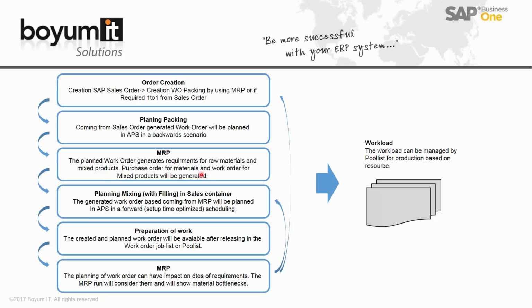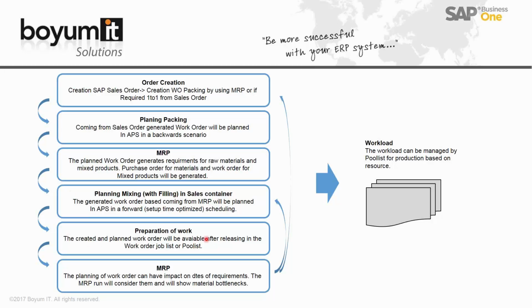This work order for your mixed product goes to a second APS planning scenario you can set up, where you do a more setup-time-optimized or resource-based forward planning against the finite capacity to get the dates for mixing and filling for your work orders.